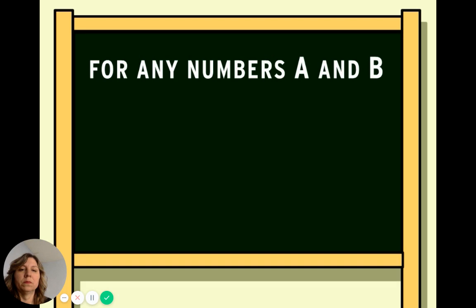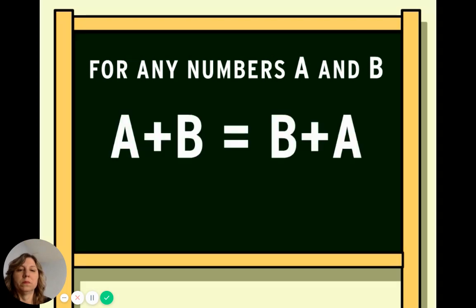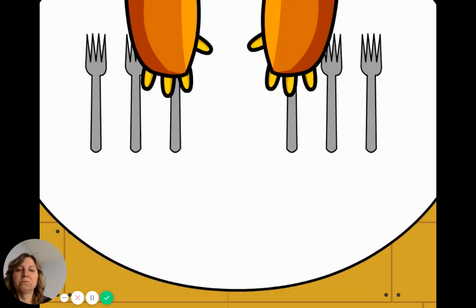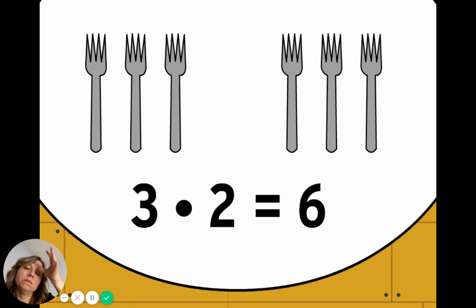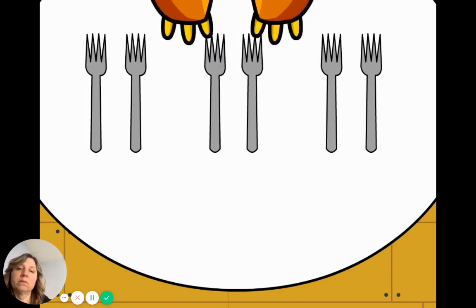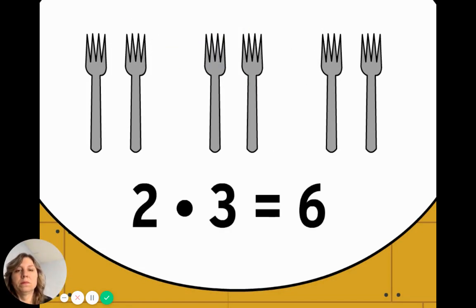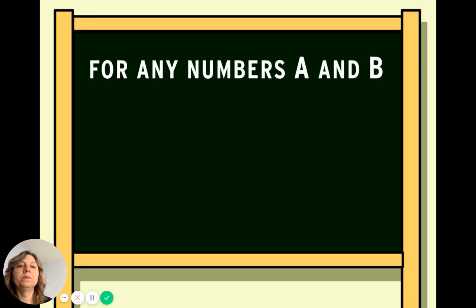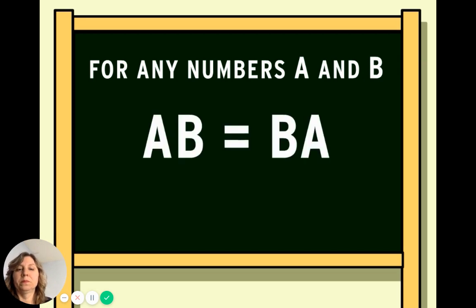For any numbers a and b, a plus b equals b plus a. Flip the addends. There's a commutative property of multiplication too. 3 times 2 equals 6. And 2 times 3 equals 6. 3 times 2 equals 2 times 3. For any numbers a and b, a times b equals b times a.